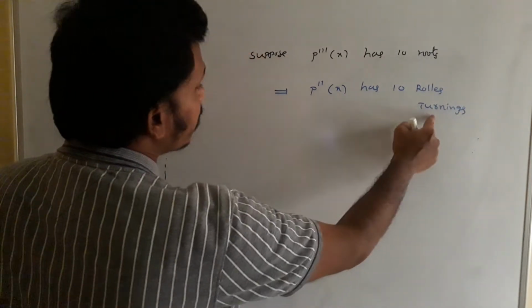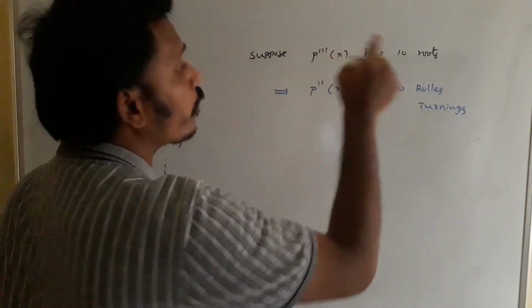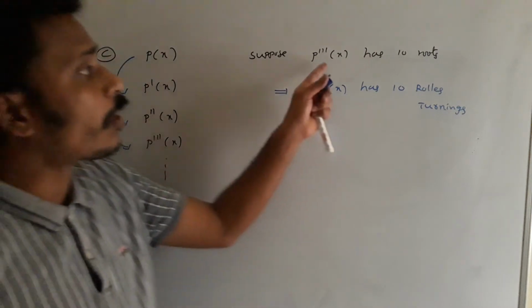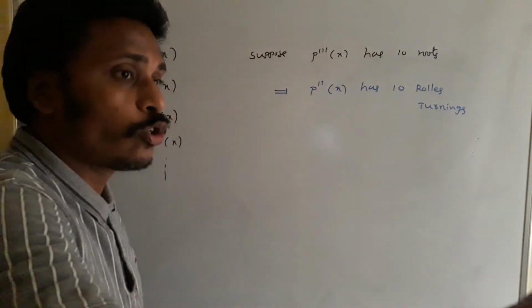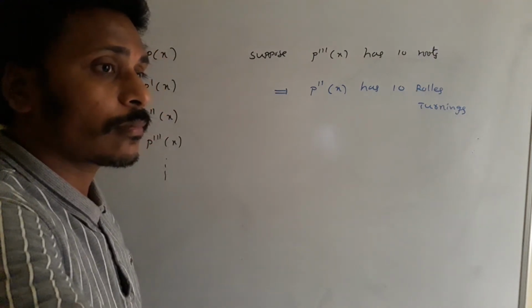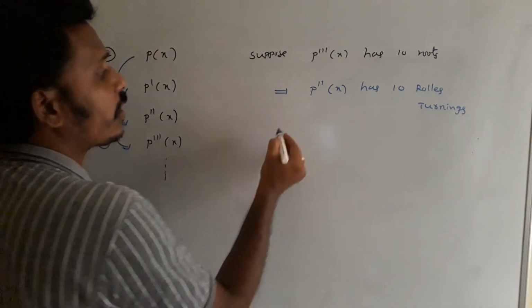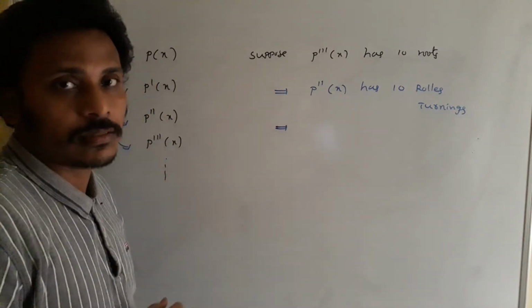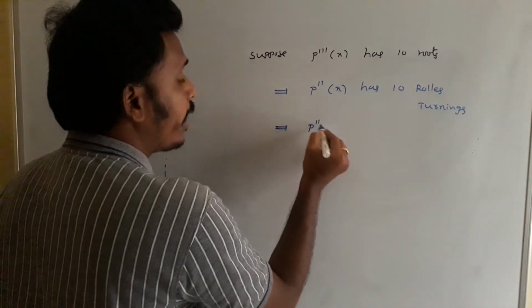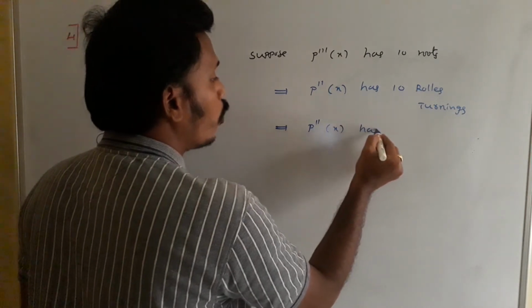If this function has 10 turnings, then its derivative for sure has 10 roots. Since P double dash of x has 10 turnings, that means P double dash of x has 11 roots.